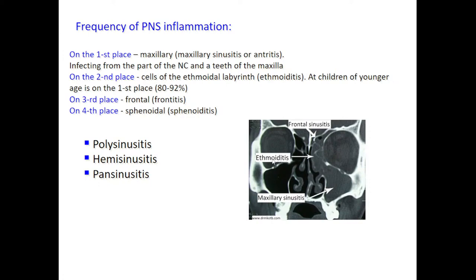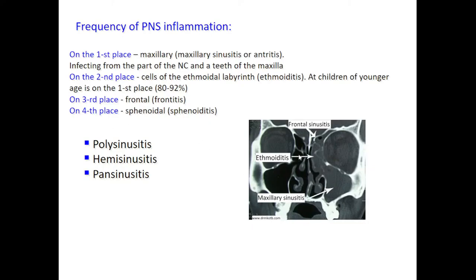in childhood, at children of younger age, the ethmoid cells inflammation is met more often than maxillary sinus, and it is connected with the situation that in childhood the maxillary sinus is not developed well; the sinuses a child is born with are the ethmoidal sinuses.